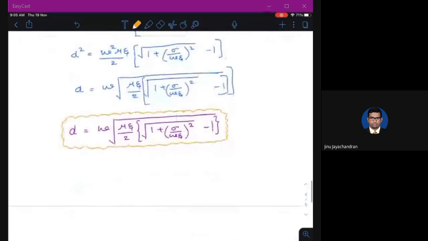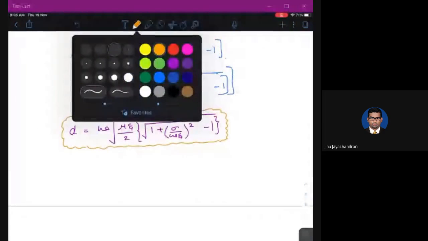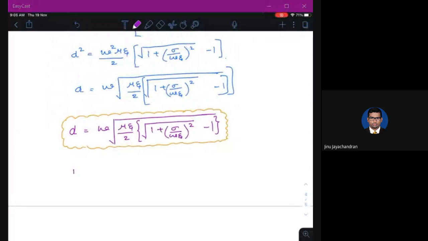Now, in a similar way, you can do the derivation for beta. Instead of taking the real part, you take the imaginary part and square it up, or you can subtract the real part of gamma square minus the magnitude of gamma square to get beta square.